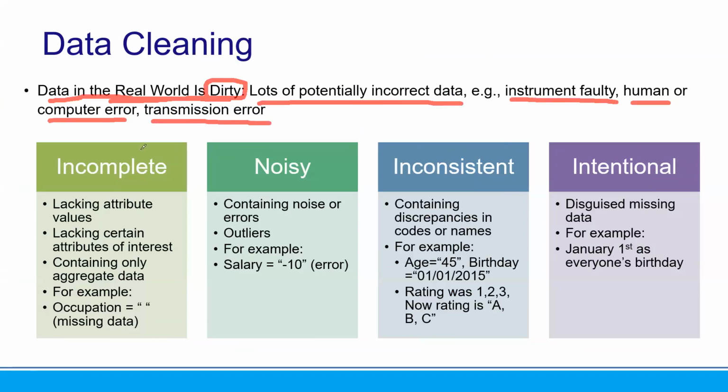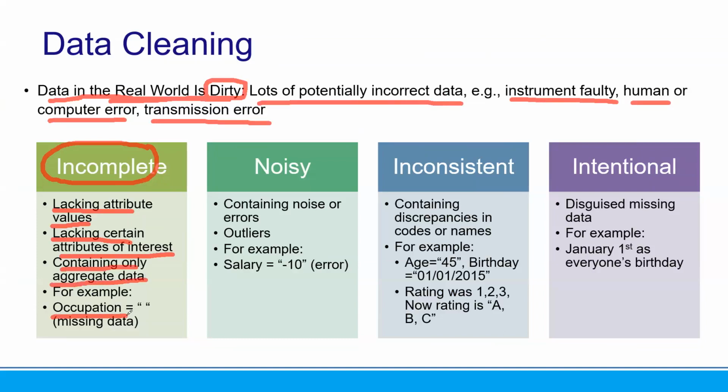For example, some data might be incomplete, not complete. It lacks attribute values. It lacks certain attributes of interest. It contains only aggregate data. For example, maybe some of the data about occupation is null or missing.